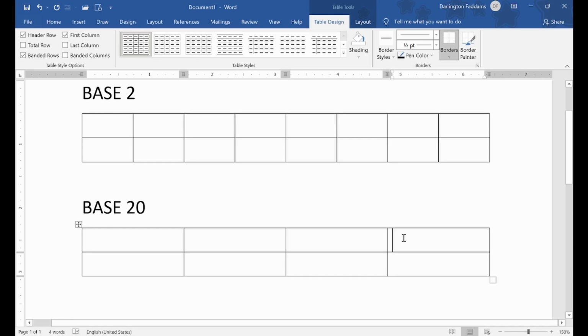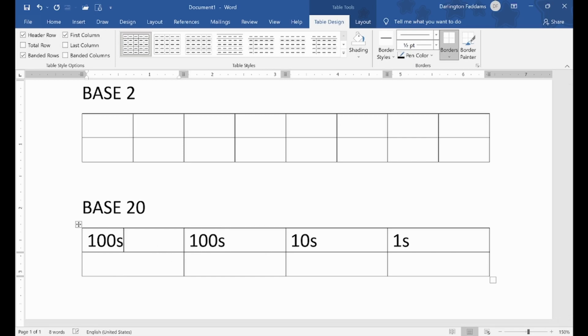In base 10, we call this the ones column. The ones. And we call this the tens. We call this the hundreds. And we call this the thousands. So if you have any number in this column, you refer to it as ones.